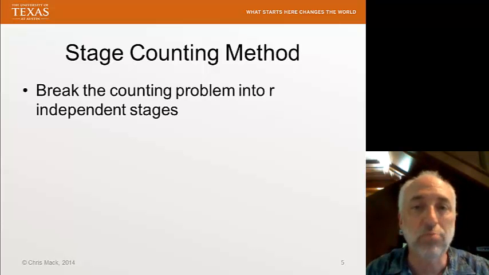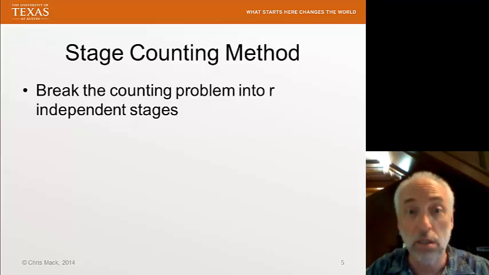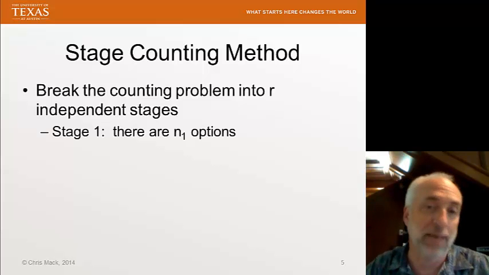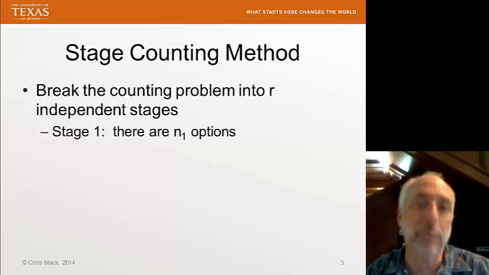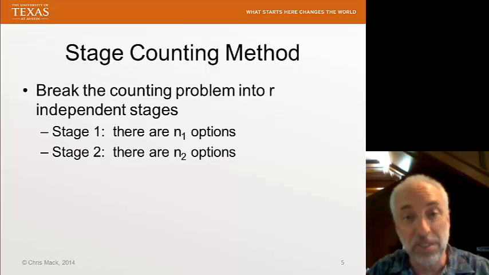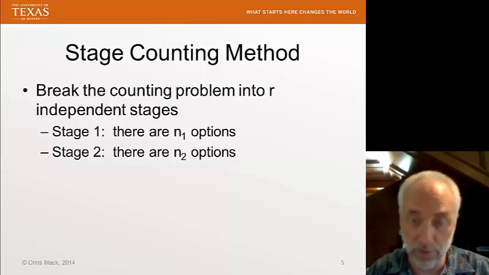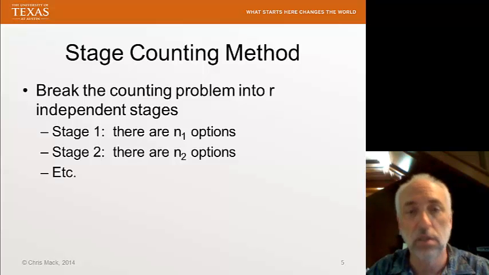That is, we break the counting problem into some number R independent stages. Then, for stage 1, the first step, I count how many options there are. Suppose there's n1 options. Then I do stage 2. How many options are there in stage 2? Well, there's n2 options, etc.